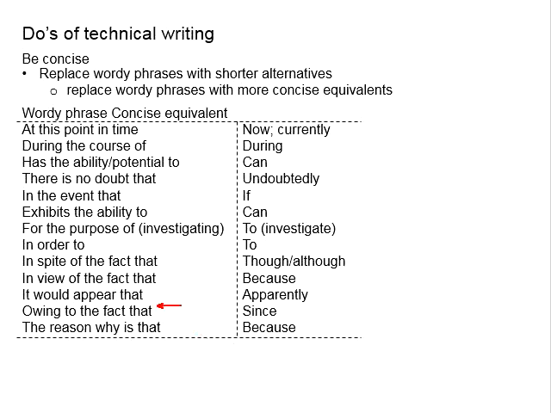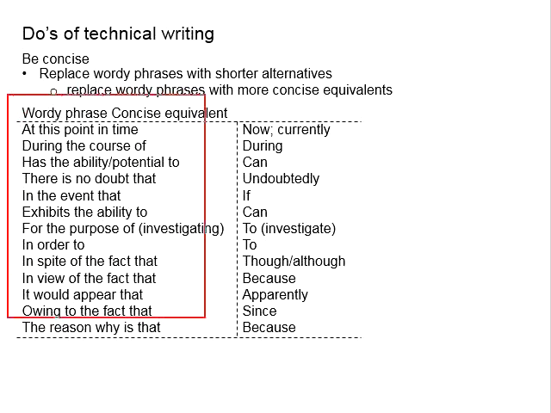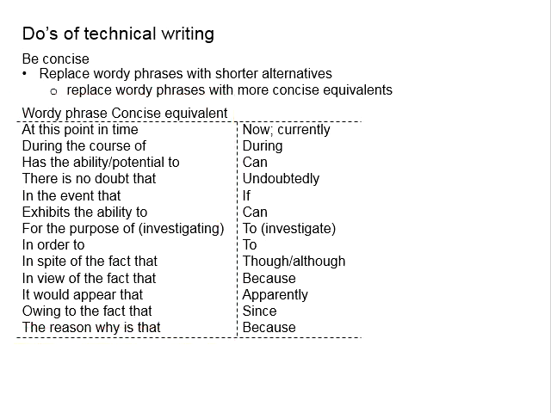Owing to the fact that, since. The reason why it is that, because. What you see here, there are always some words that you can use as equivalents to the long phrases here. Your first option will be the phrases with the least number of words.